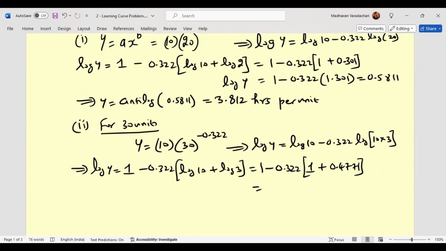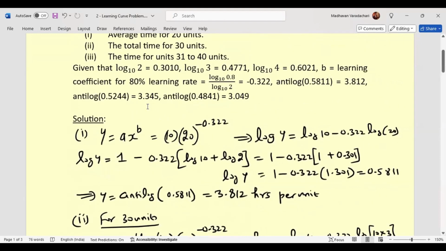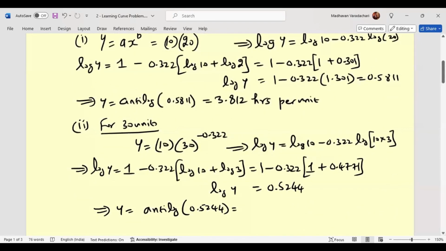If you do all those, you will get 0.5244. This is logarithm of y, which means y will be antilog of 0.5244. That is given in the question as 3.345 hours per unit.